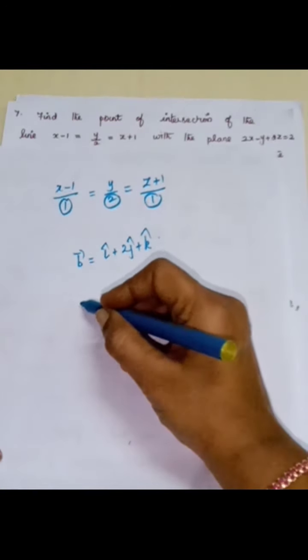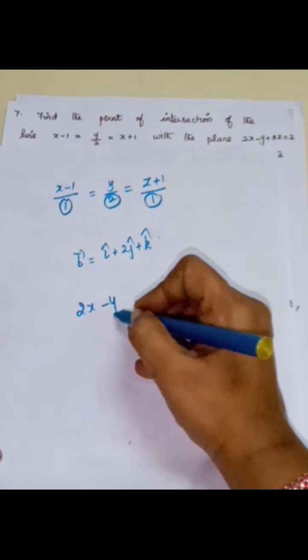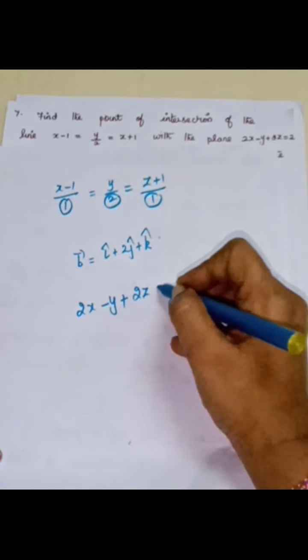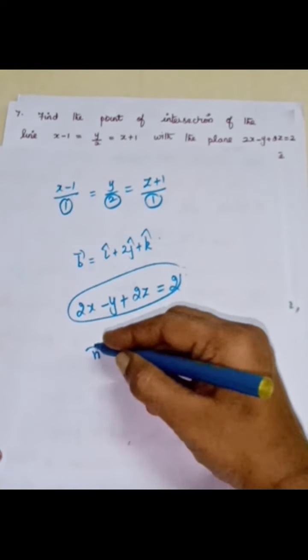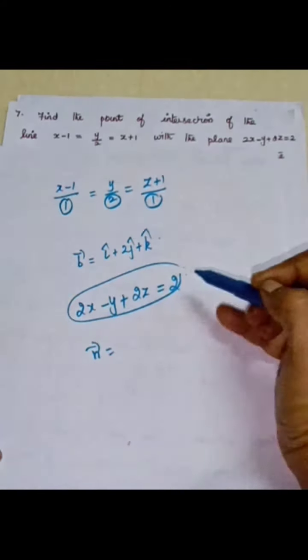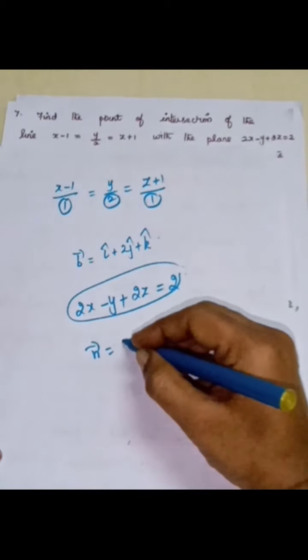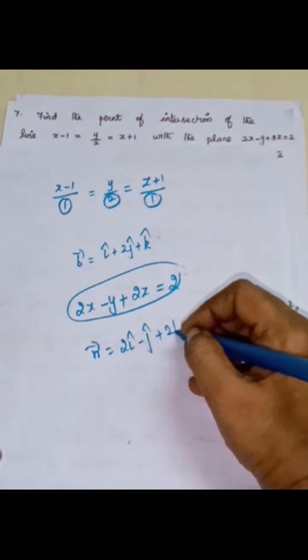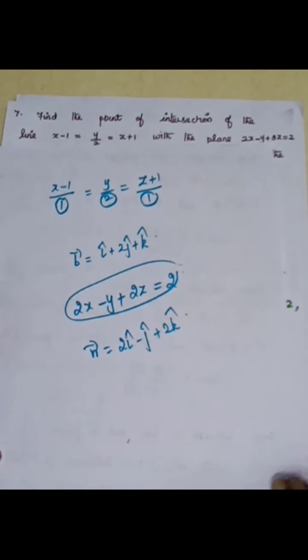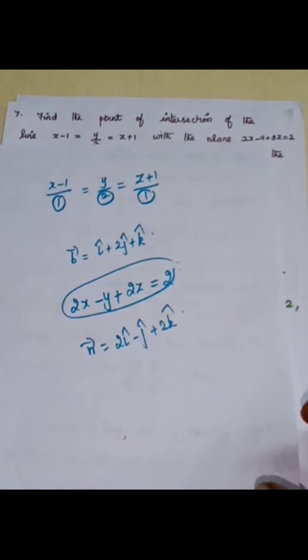And what is the plane equation? That is 2x minus y plus 2z is equal to 2. It is in the Cartesian form. So your n vector is nothing but the coefficients of x, y, z, that is 2i cap minus j cap plus 2k cap. So we have taken the b vector and n vector.